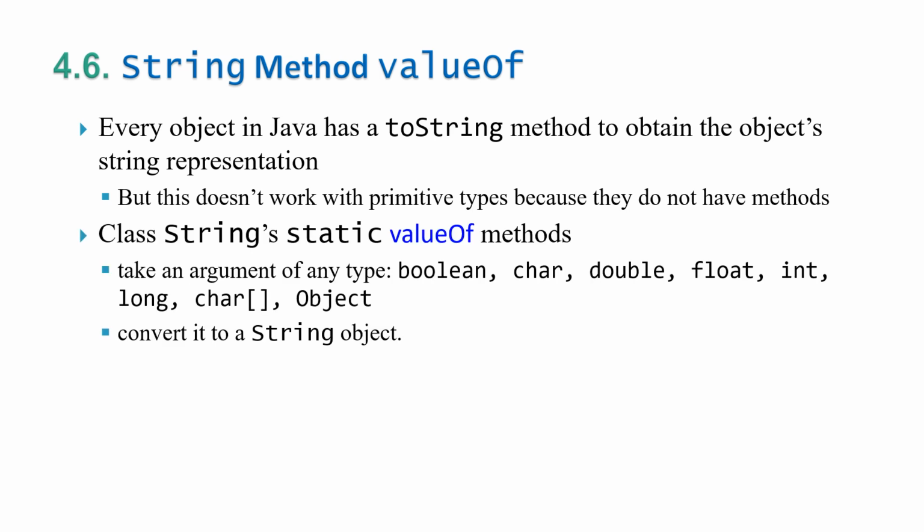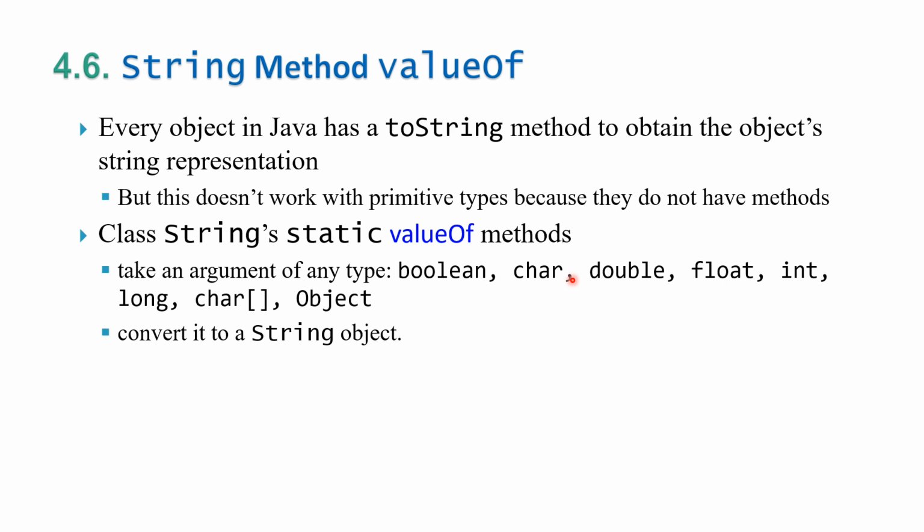The valueOf methods of class String, which are static methods, take an argument of any of these 8 types and convert it to a string object. There are 8 versions of method valueOf that take one argument.